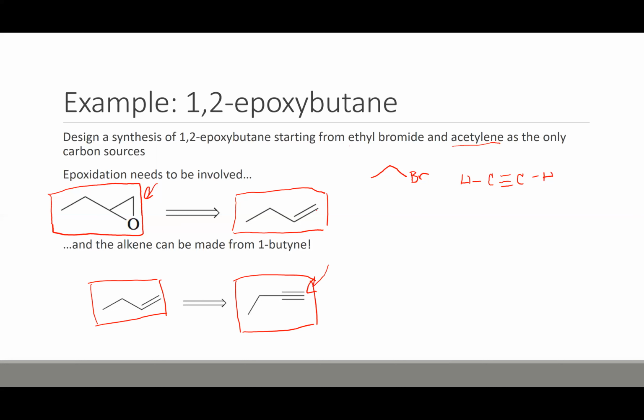Now, this triple bond is a little bit different than our starting material, but can we make an elongated triple bond using our starting material, that's 2 carbons long, and this other starting material, which is also 2 carbons long? We can make a 1, 2, 3, 4 carbon long chain with a triple bond. So yes, we can then make this from our starting materials.